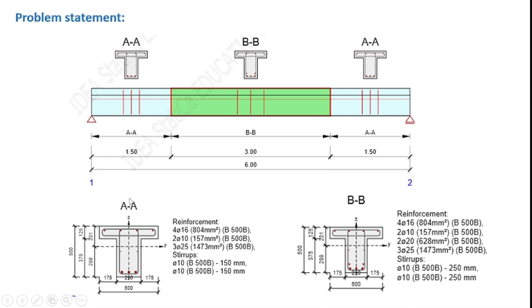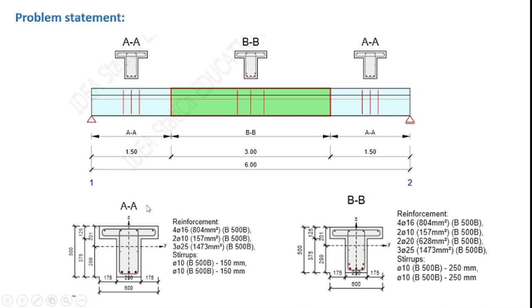As you can see, the overall dimensions are given here. The depth of the T section is 500 mm, its width is 250 mm, and the thickness of the slab is 125 mm. Both AA and BB are of the same cross section, and their difference is only in the reinforcement details.